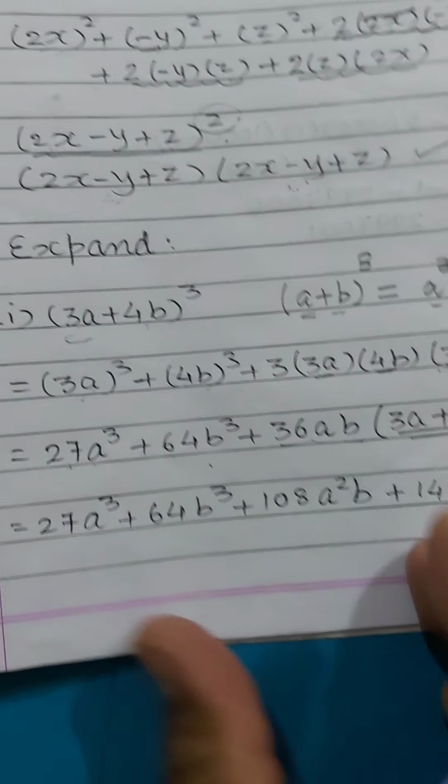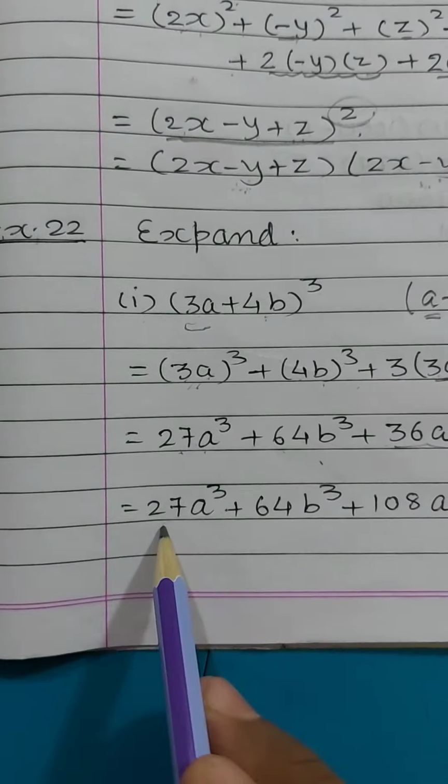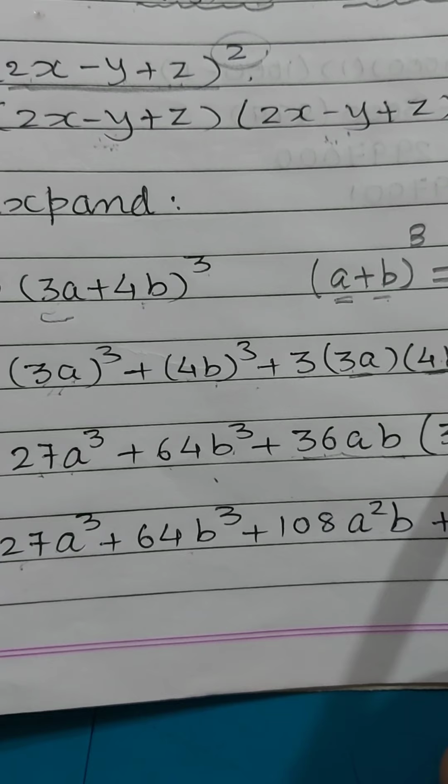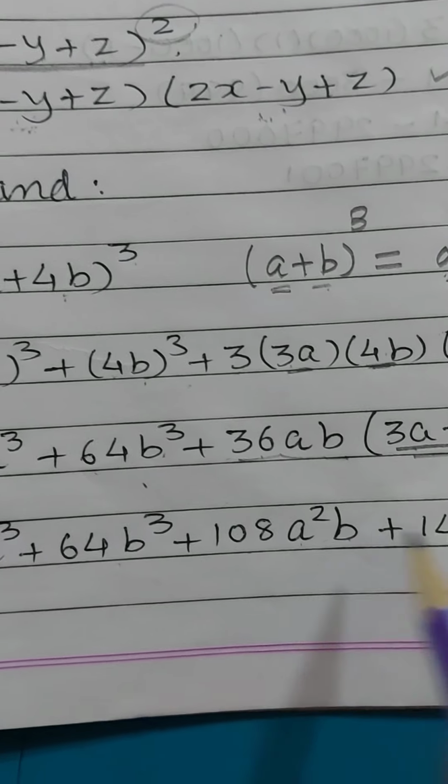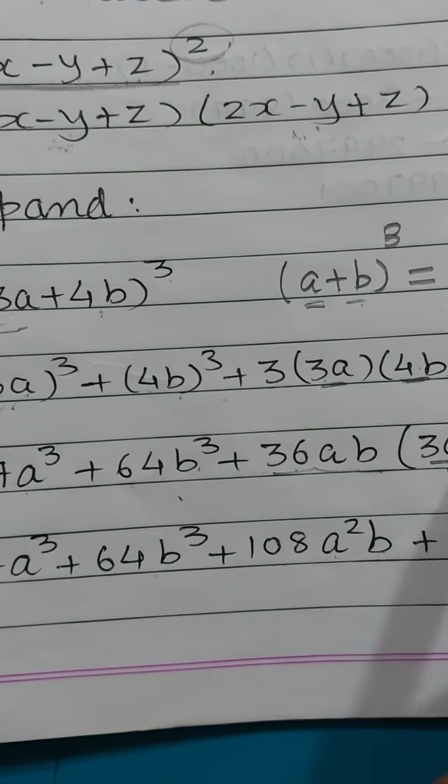In the next step, 27a cube plus 64b cube plus 36 3s are 108, a into a, that is a square, b as it is, plus 36 4s are 144, a as it is, b into b, b square, right? So this is the expansion of the question.